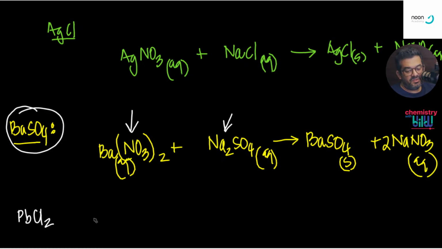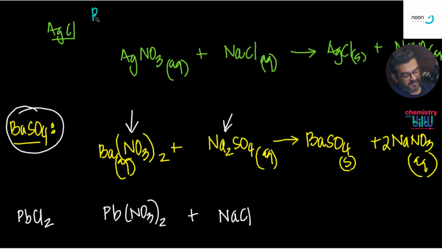So take which version of lead? Nitrate. And which chloride will you take? NaCl. You follow? What if somebody said, no, I need calcium sulfate. So what will I take to make calcium sulfate? What form of calcium and what form of sulfate ions will I take?